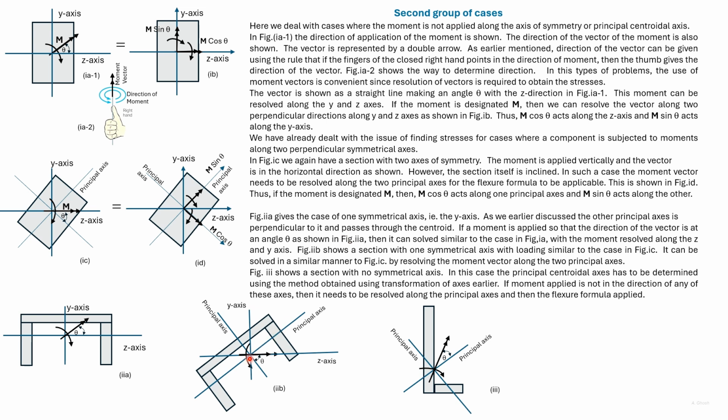Here, the moment vector can be resolved along the two different principal axes. We then can use the flexure formula and add the stresses algebraically to get the stresses in the section.